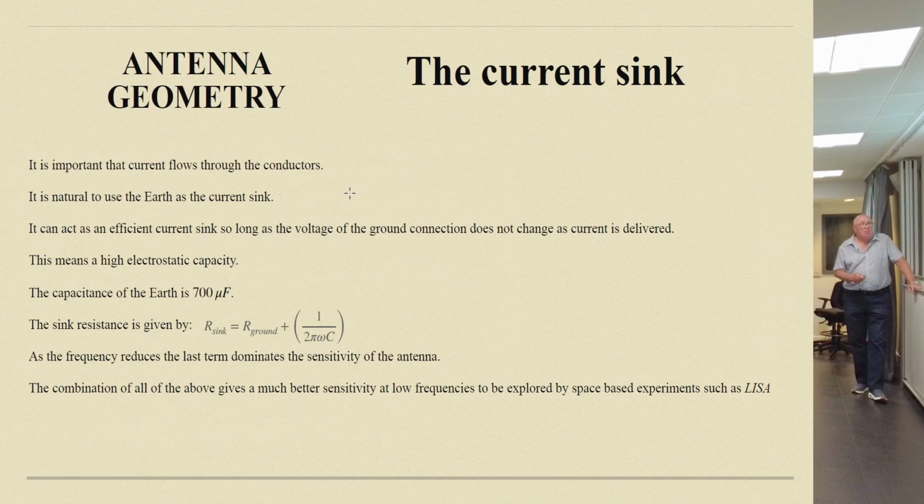This means a high electrostatic capacity. The capacitance of the earth is calculated to be 700 microfarads. So the sink resistance is given by this, and as the frequency reduces, this last term will dominate. The combination of the above gives you a better sensitivity at lower frequencies.